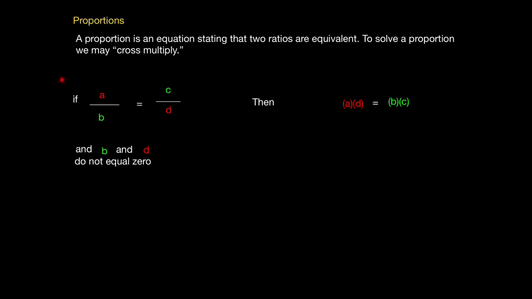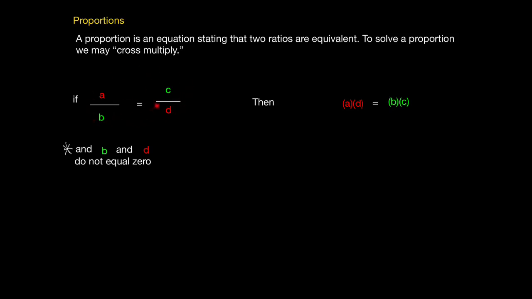Now here's the general formula. If you have a ratio A to B and it's equal to another ratio C to D, under the special condition, a little disclaimer, that B and D are not equal to 0. Again, the denominators cannot equal 0.